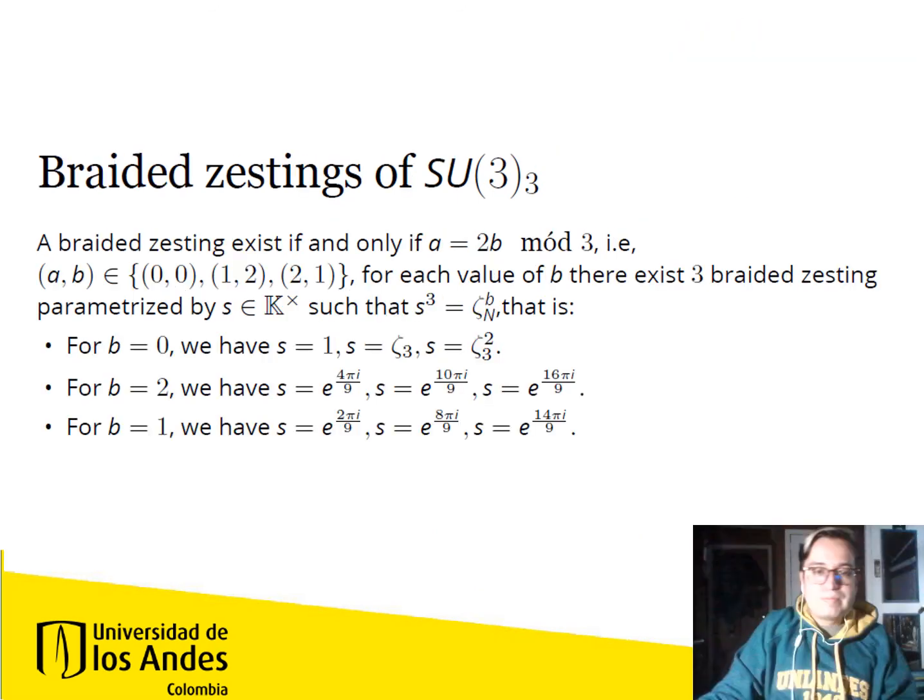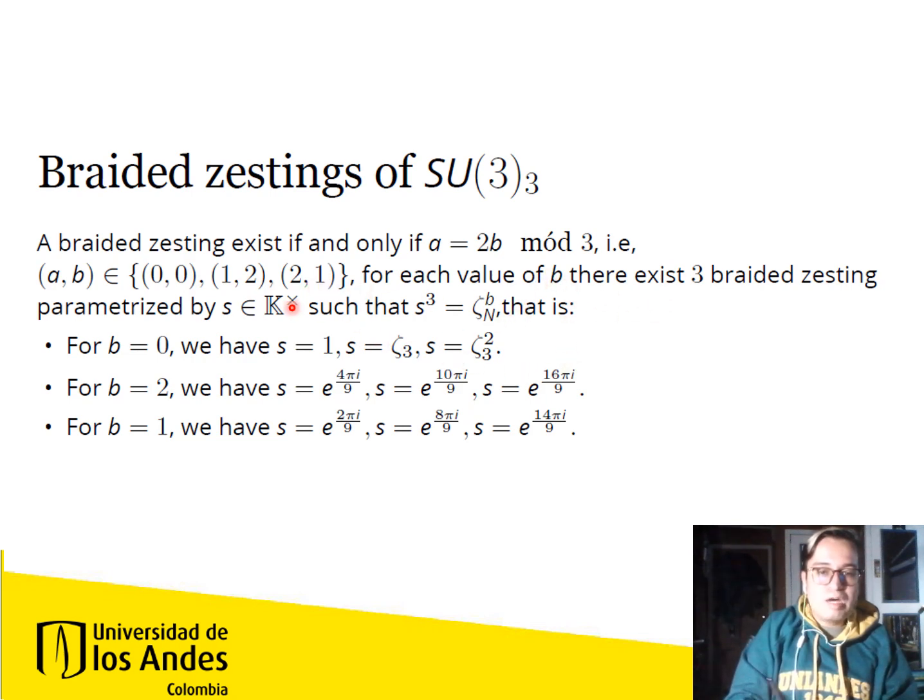Also, this category admits a braided testing if and only if this condition holds. So we are left with only 3 possible pairs of numbers in my original group: the pairs (0,0), (1,2), and (2,1).